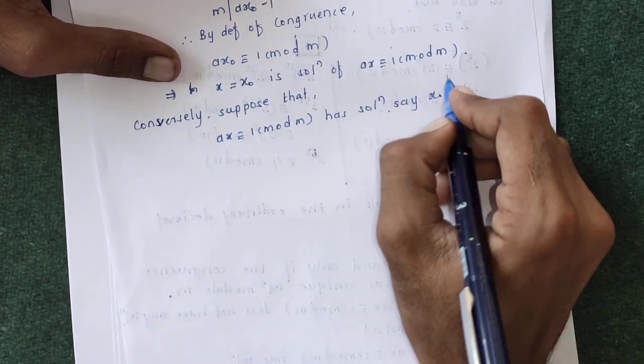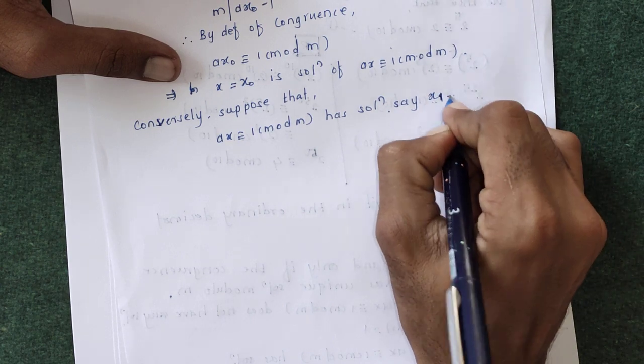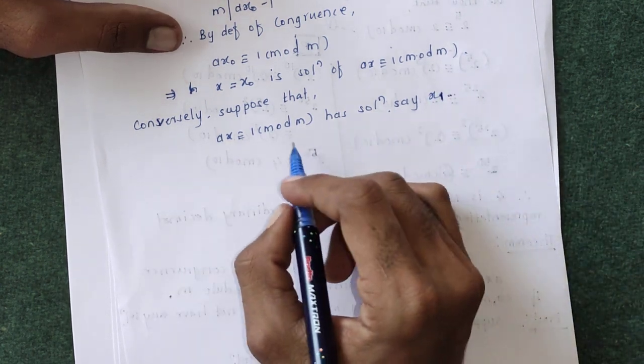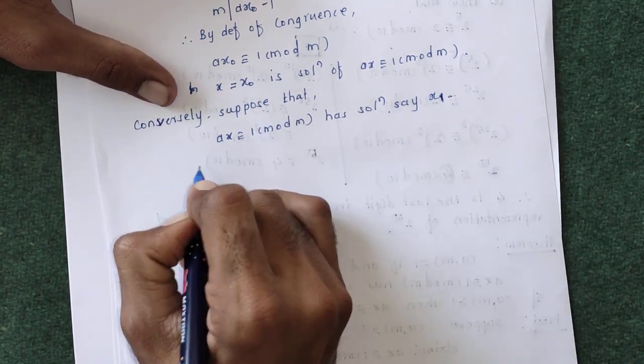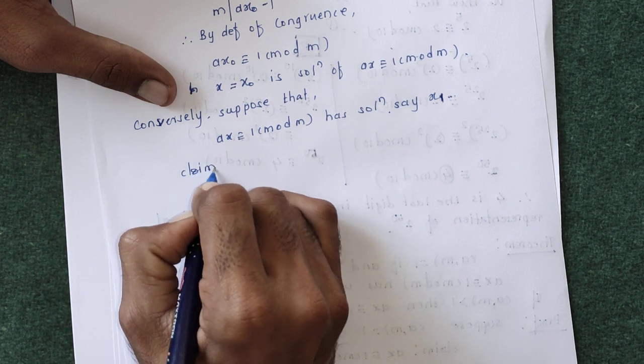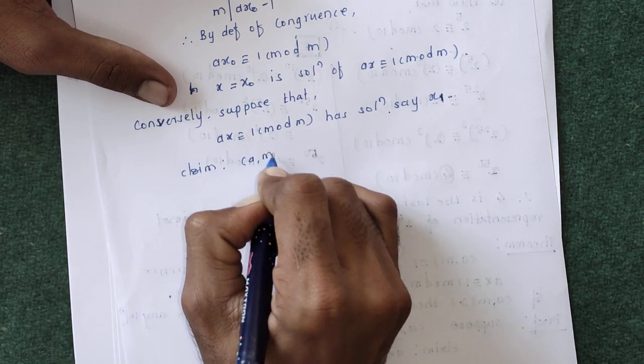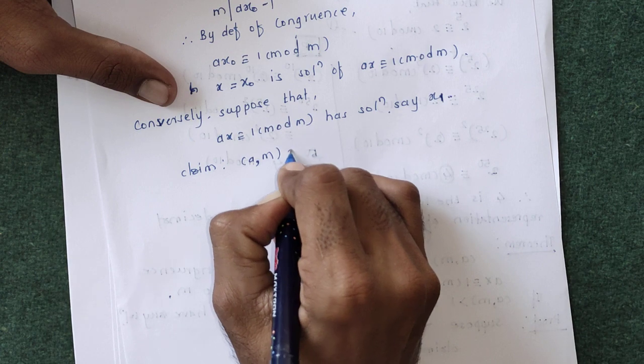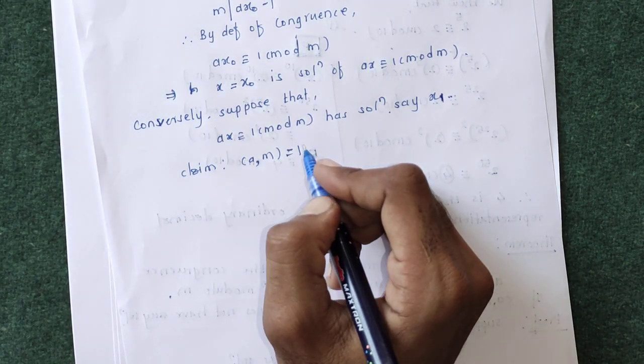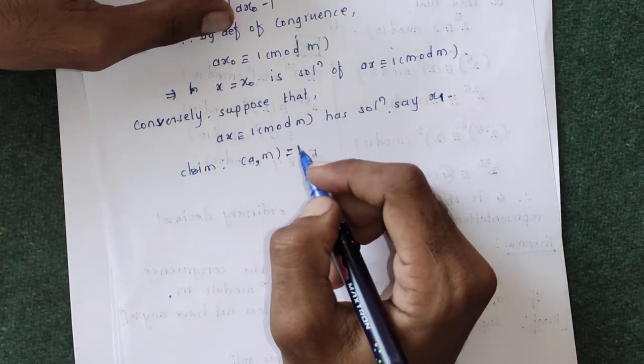So instead of x naught we will use x1. So a x is congruent to 1 mod m has solution say x1, and our claim is that the GCD of a and m is equal to 1.